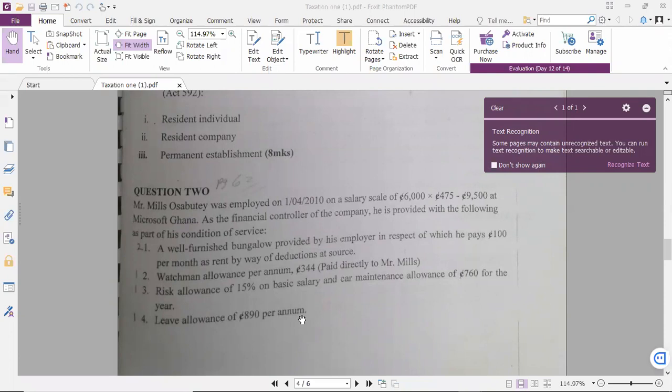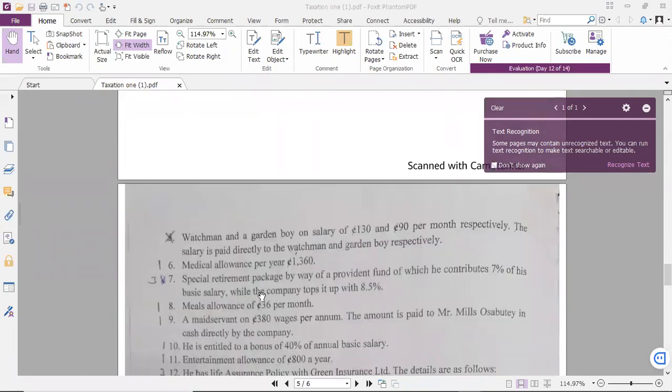Leave allowance of 890 per annum, and watchman and garden boy on a salary scale of 130 and 90 per month, respectively. The salary is paid directly to the watchman and garden boy, respectively.